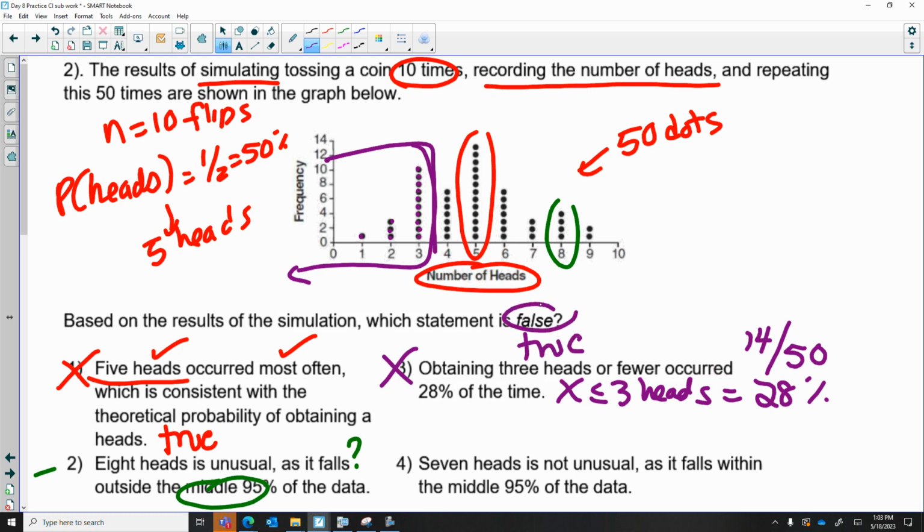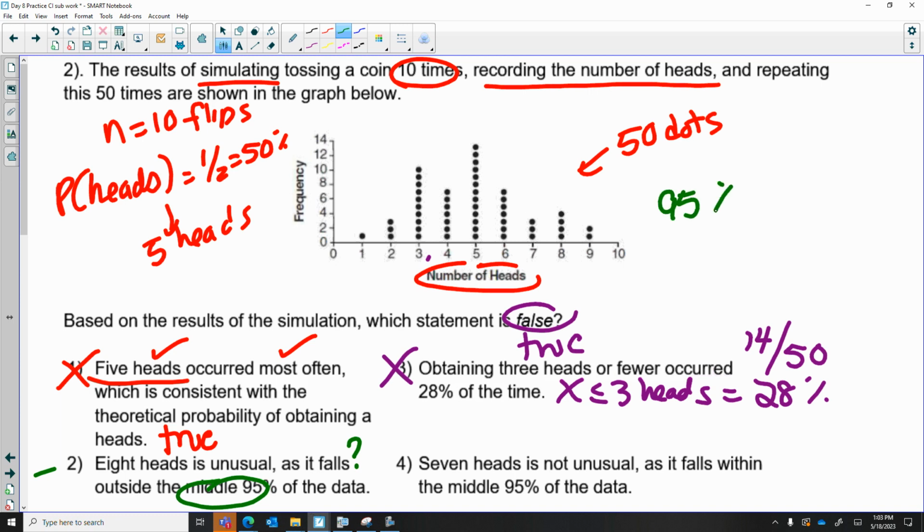And 4, 7 heads is not unusual as it falls within the middle 95% of the data. So does 7 heads fall within the middle 95% of the data? It probably does, but maybe let's figure it out right now. So there are 50 total dots, right? So we have to find 95% of 50. To do that, we are going to do 0.95 times 50 to figure out the middle 95% of the data, okay?